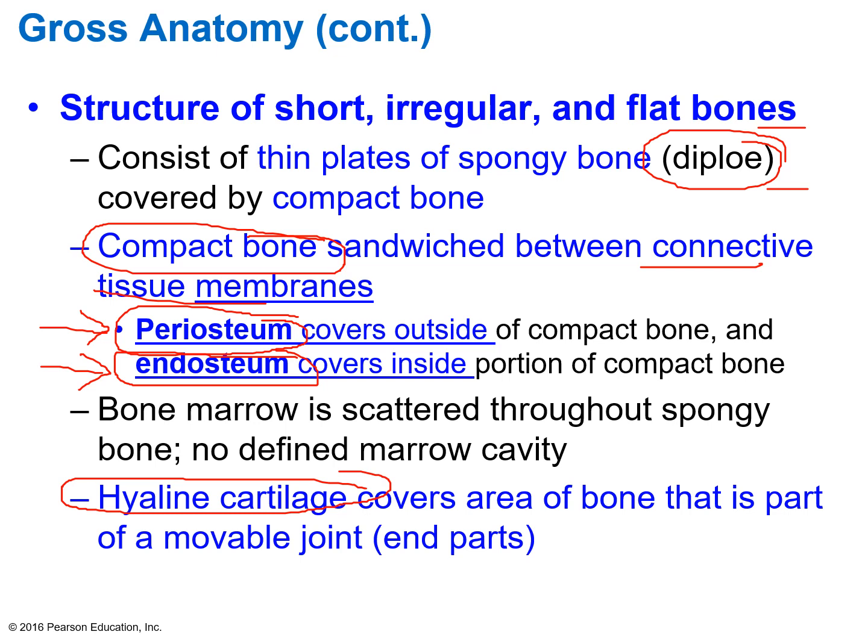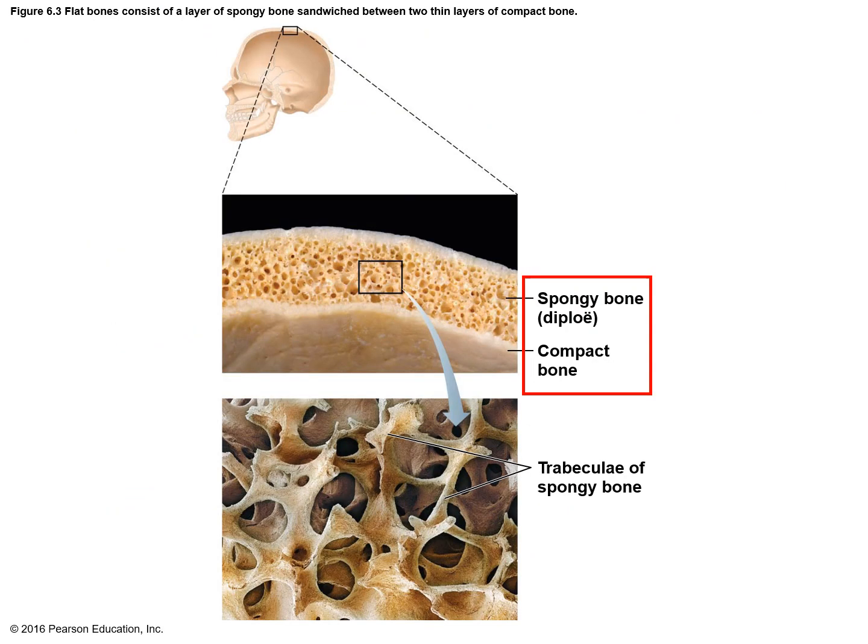Let's take a look at some images to kind of bring these key terms to life. First off, here's our example of diplo. And diplo, once again, is when you create a sandwich where you have the spongy bone. You can see right here with the cavities. Better yet, let's follow our blue arrow and take a look at the trabecula, the bone formations as they form. And all these little openings that you have in the spongy bone can be filled with red bone marrow.